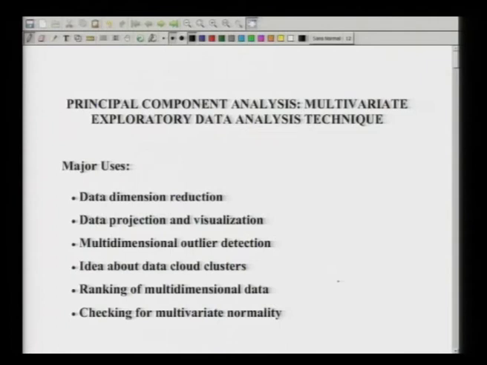So, this is our example where we start from scratch and use the SAS software to calculate the principal components. It is a branch of multivariate exploratory data analysis, and if you recall the major uses of principal components that we had mentioned in the very first session on PCA, those were data dimension reduction, which is the crux, the backbone of the whole thing.